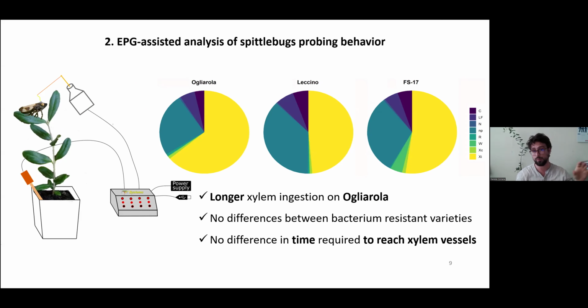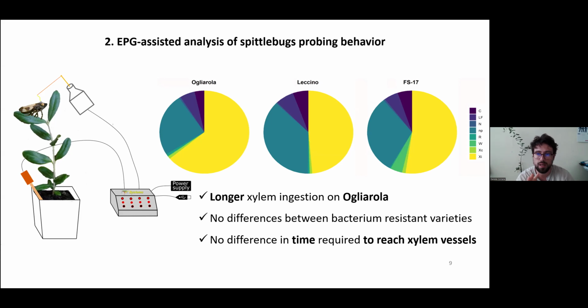We used the electrical penetration graph to characterize and analyze the probing and feeding behavior of Philaenus spumarius on the three varieties. What we observed is that there was just one very significant difference between the three varieties in the probing and feeding behavioral variables, which is the ingestion of xylem sap.